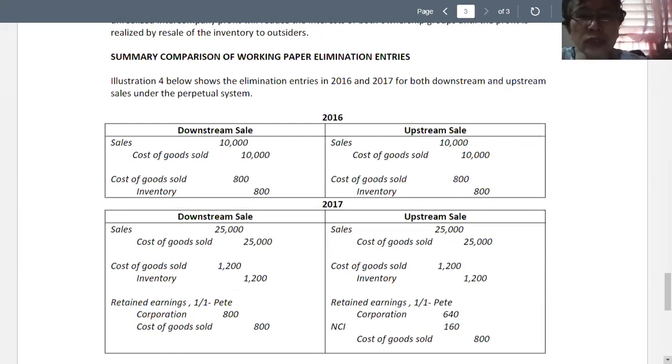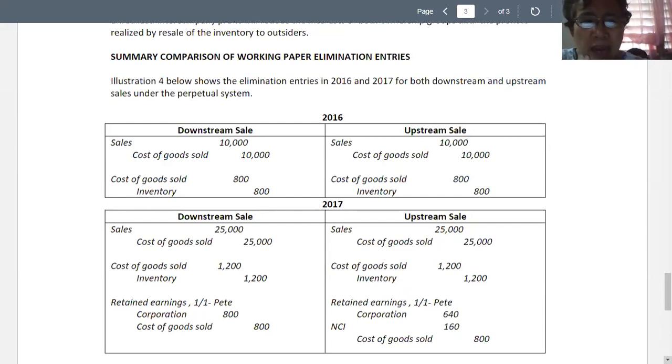Debit cost of goods sold by 800 and credit inventory for the year 2016. In the case of 2017, we again debit sales and credit cost of goods sold, the same entry here, and debit cost of goods sold 1,200 and credit inventory.